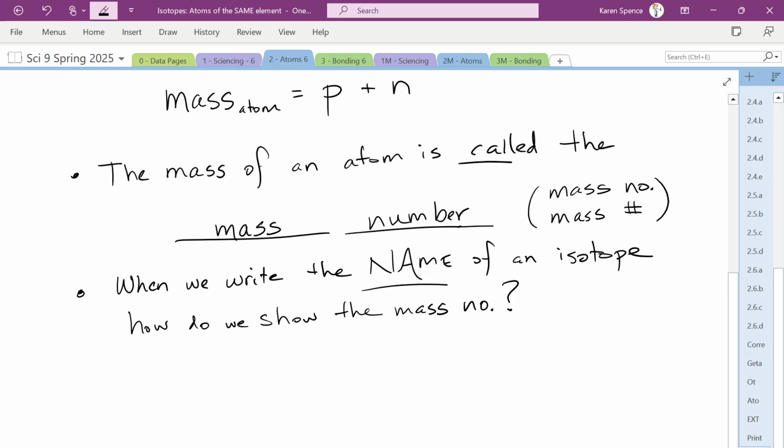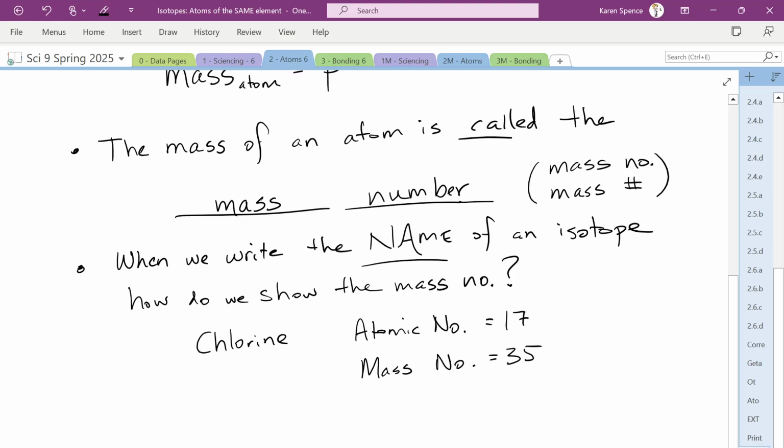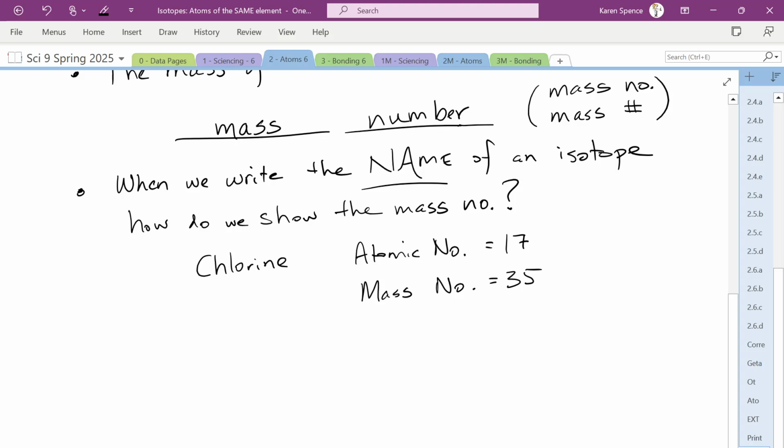So let's say, for example, we wanted chlorine, which has an atomic number equals 17. And the mass number is equal to 35. Yeah. Chlorine dash 35, yes.